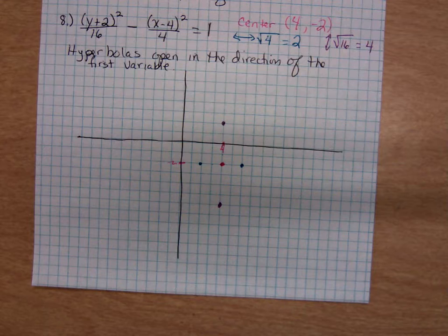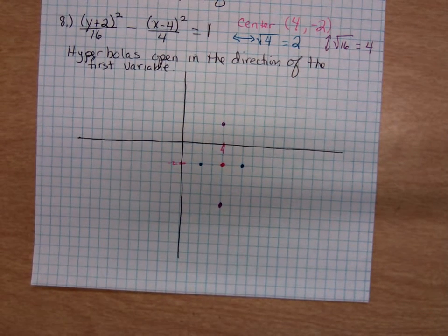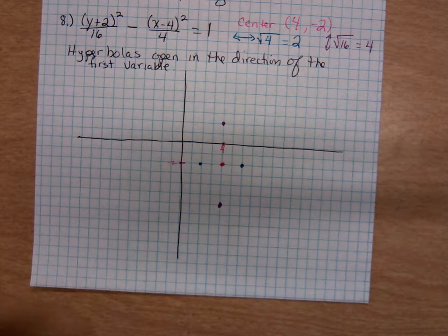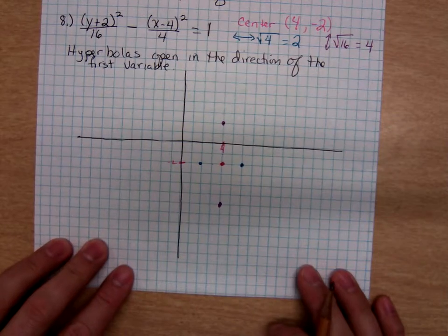Now, at this point, you can sort of figure out what the graph looks like just based on knowing how it's opening and those 4 points.